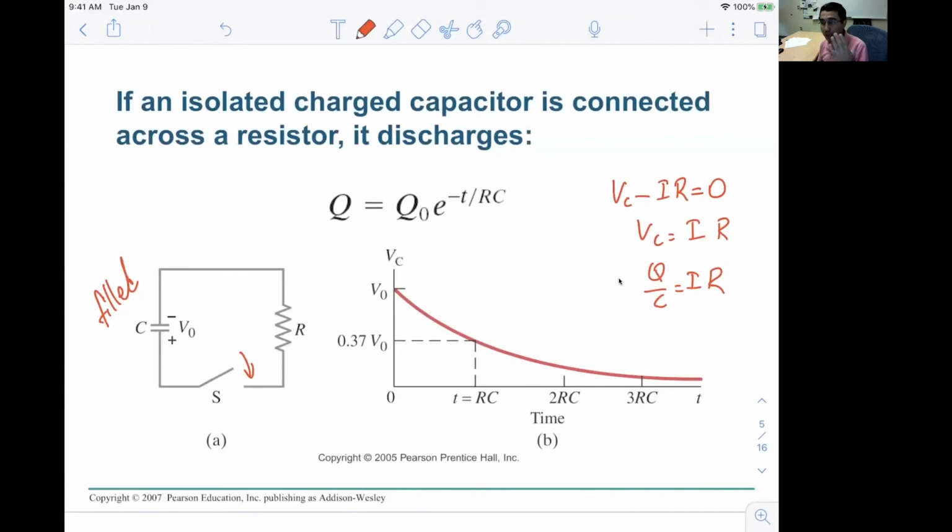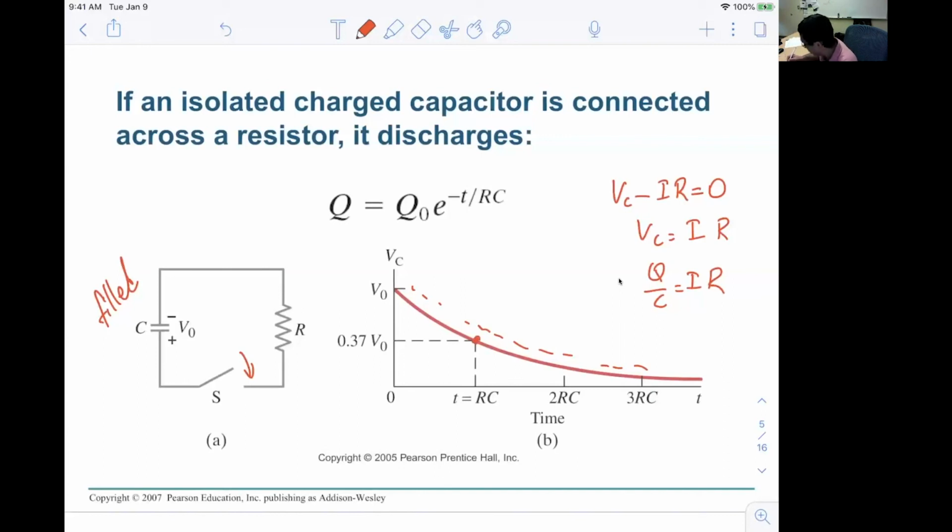But as you empty the capacitor, the potential is going to be small, and then the current is going to drop. So the speed of discharging is going to slow as well. That's why you have such an exponential function.